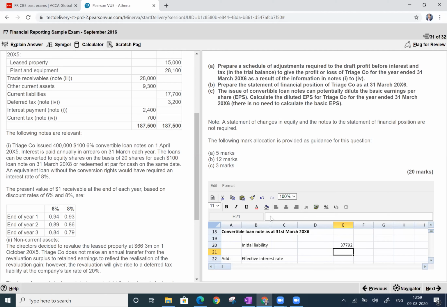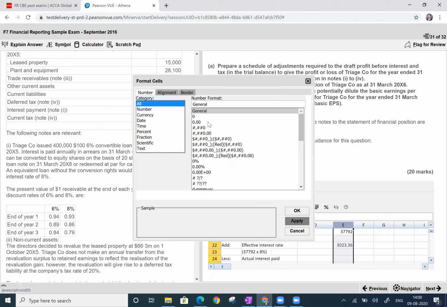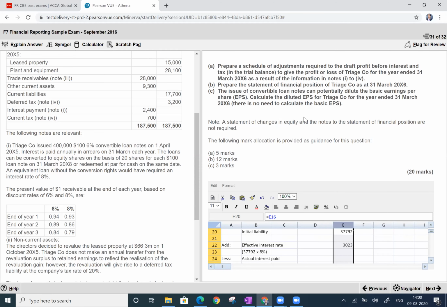Give reference. The effective interest will be this 37,792 multiplied by the discount rate, that is 8%. So this is equal to this multiplied by 8%. Always make sure in your examination, for multiple choice questions, just check whether all the items that you show in profit and loss are time proportioned.